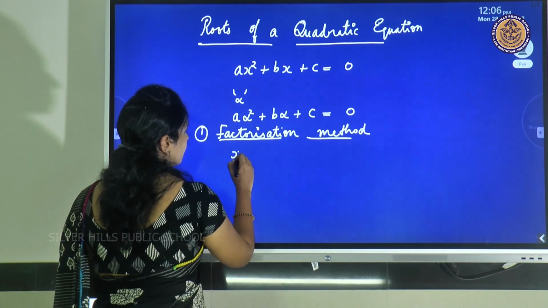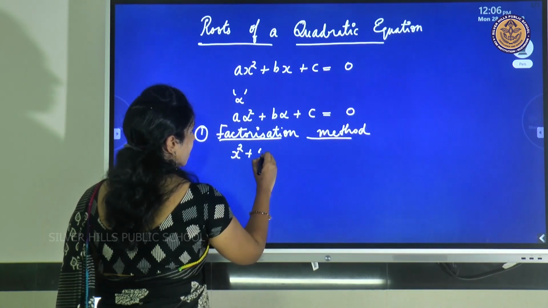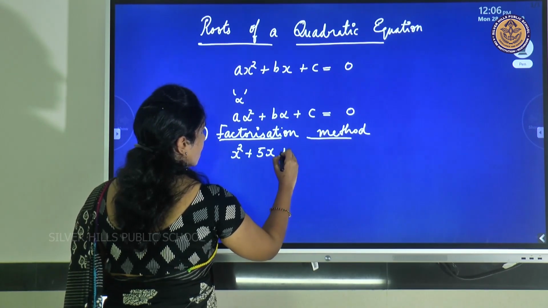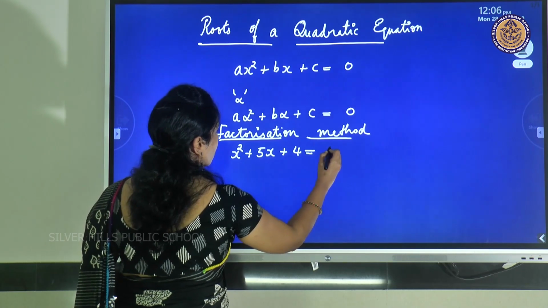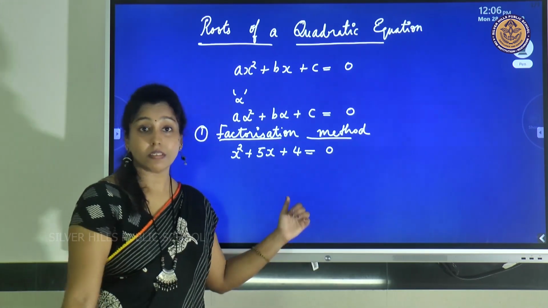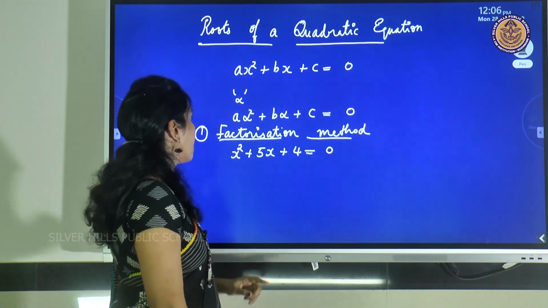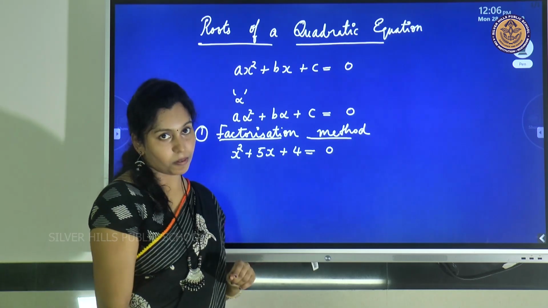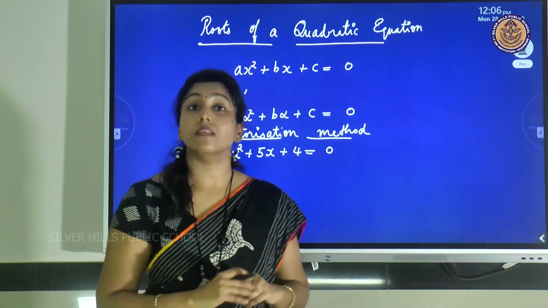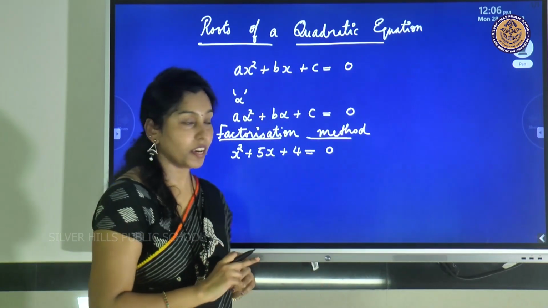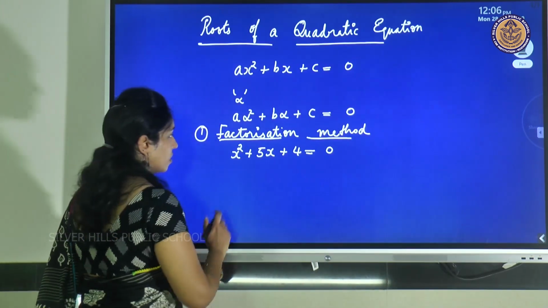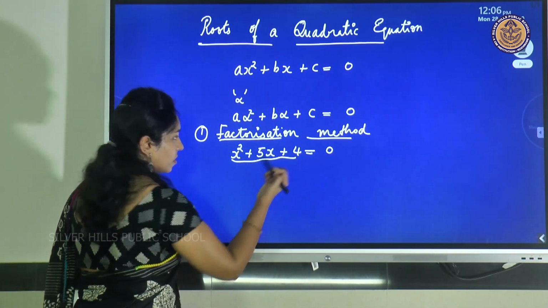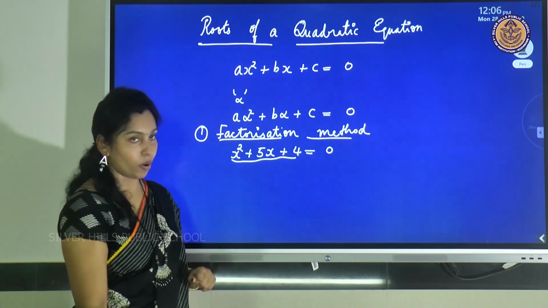Consider x square plus 5x plus 4 is equal to 0. This is a quadratic equation. The variable is x. Now we are going to find the roots of this quadratic equation. So what we do is, let's name this part as p of x.